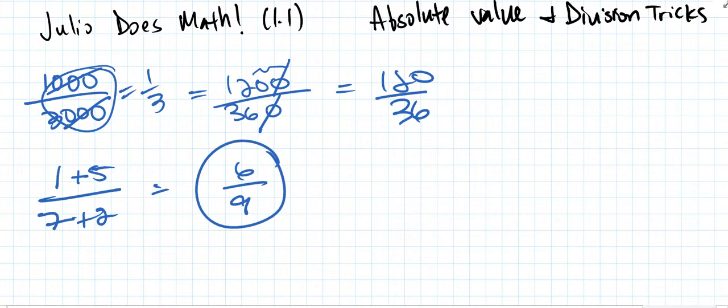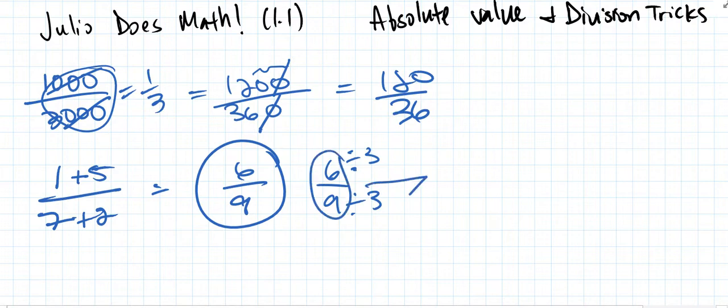Most of you can probably see that you can divide the top by 3 and divide the bottom by 3. Pretty easy to see that, right? Well, it doesn't just work with this. You can expand this to any number of things. So if you had, let's say, 18 over 27.